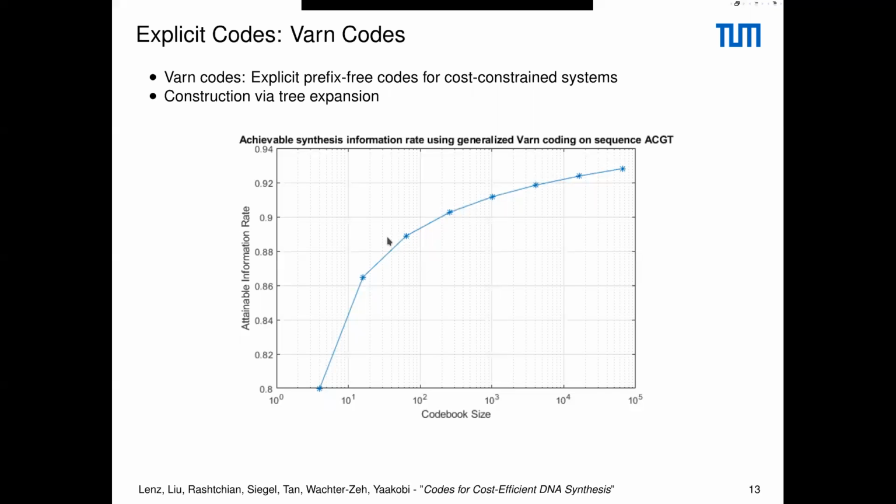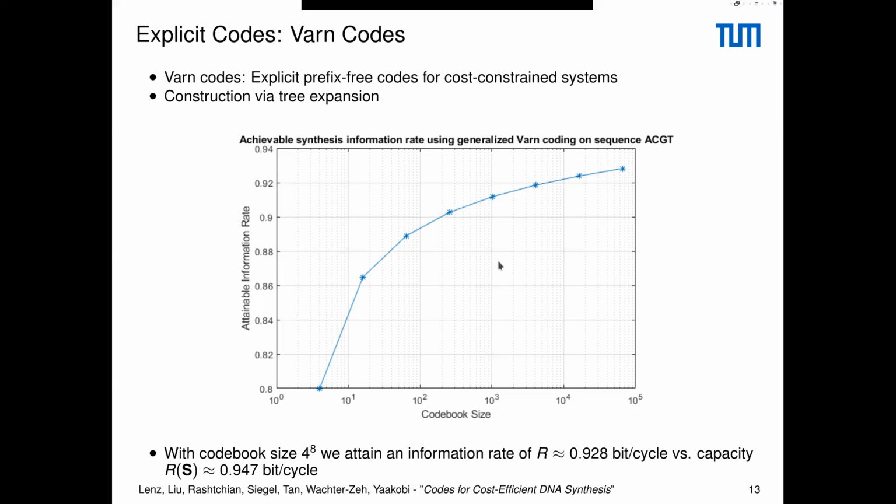We see that already with quite moderate codebook sizes, we can achieve information rates fairly close to the capacity. If you remember, the capacity was 0.947 bits per cycle. Here, for example, if we take a codebook size of 4 to the 8, we get an information rate of 0.928 bits per cycle, which is fairly close to the capacity.